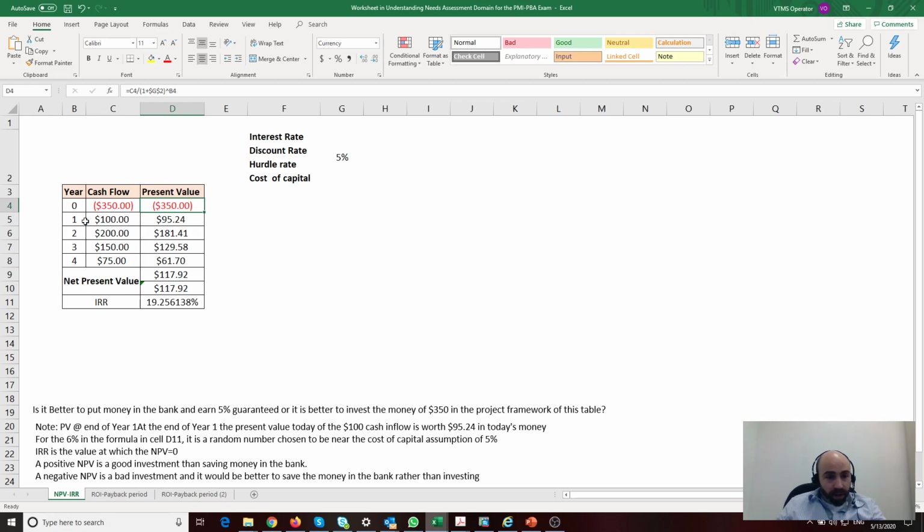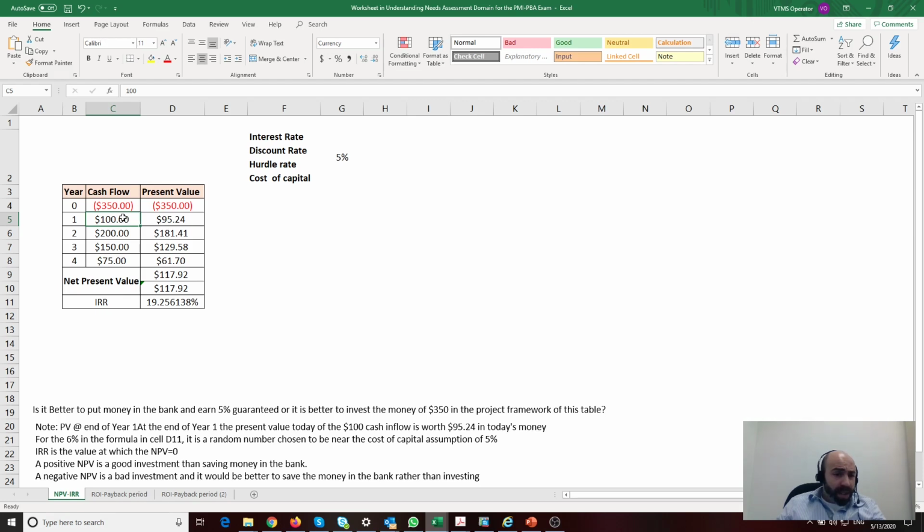After year 1 is completed, again, that is a random number. The cash flow here, which is the benefits minus the cost, is the net cash flow. Let's say I made $100 net profit after the end of year 1.